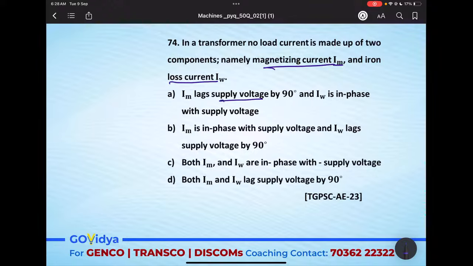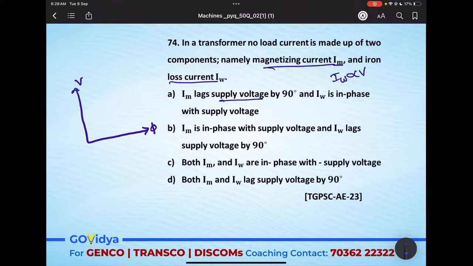We already discussed the phasor diagram under no load condition will be like this. First we are going to apply the voltage V. The flux generated in the transformer is going to lag by 90 degrees due to the Lenz's law. So now the two components are there, magnetizing component and iron losses component. We know that iron losses component is directly proportional to the applied voltage.